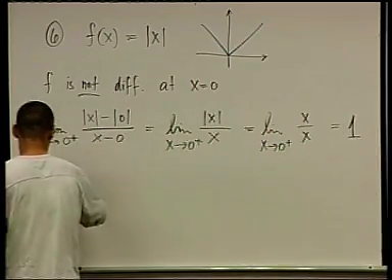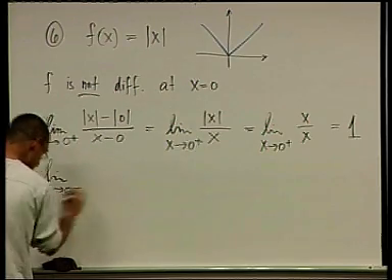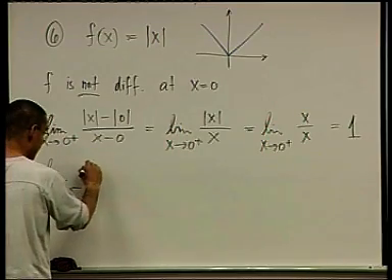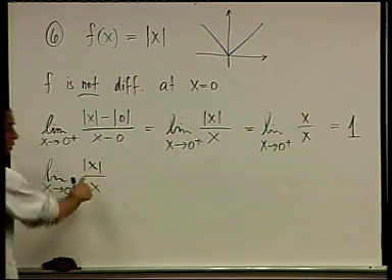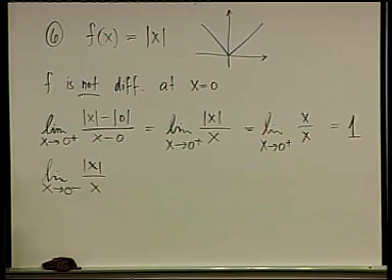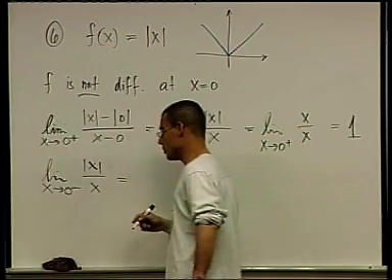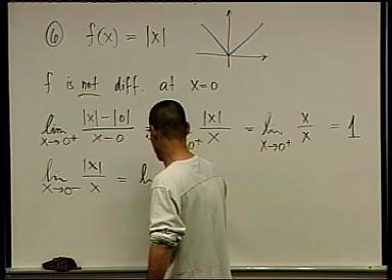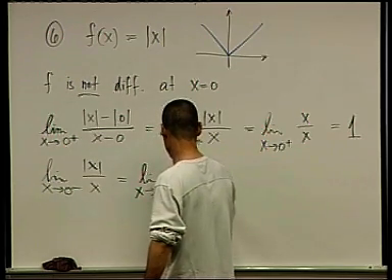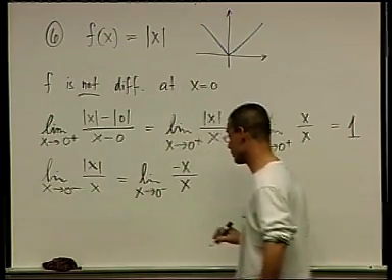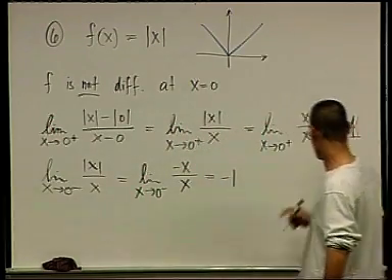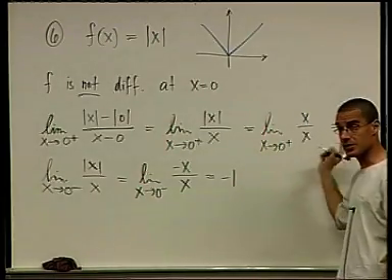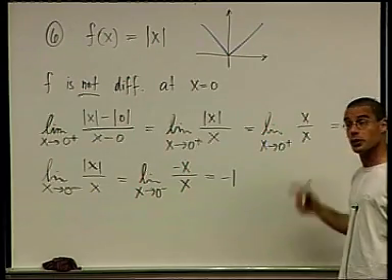When we do the same thing but approach 0 from the left, taking this one-sided limit, not of the function, but of the definition of the derivative, what's the absolute value of x when x is negative? It's minus x. So it's the limit x goes to 0 minus of minus x over x, which is negative 1. So the two one-sided limits defining the derivative both exist, but they're not equal. So the limit doesn't exist.